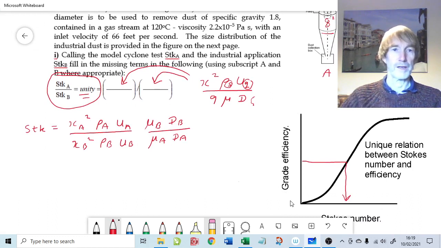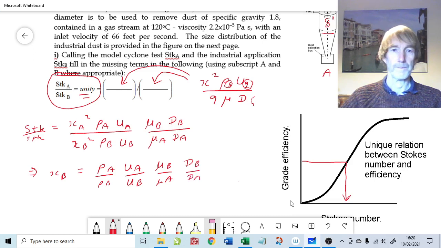So in other words, if we have Stokes A over Stokes B equals unity, that implies that XB equals, if we bring that out over to the left, the ratio of the densities, rho A over rho B, UA over UB, that's the ratio of the velocities, ratio of the viscosities, and ratio of the diameters of the cyclone, and obviously that will be XA because we've got that left over here, and we are going to need a square root on this lot just here.